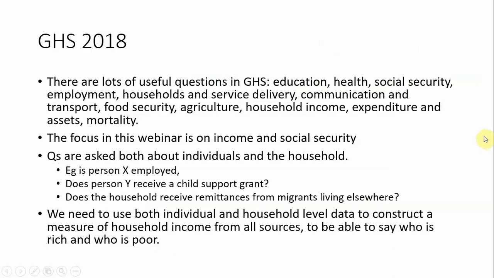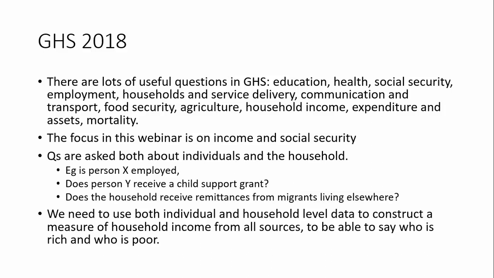The GHS has got lots of questions. There are questions about education, who's in education, what type of education in the household. Remember that the GHS goes out and surveys about 33,000 households, and together that's a nationally representative sample of South Africa, and we can use that sample to say things about the entire population.